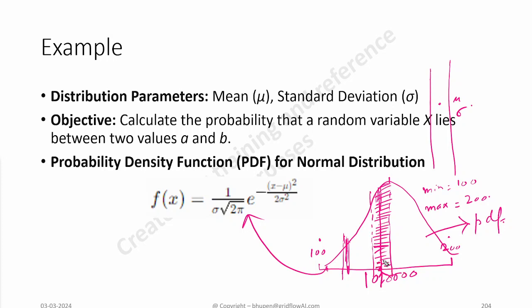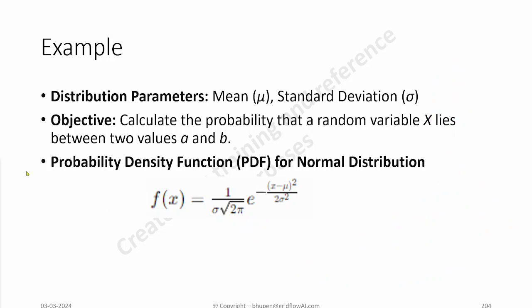So typically we take a very, very small region around this point, and then we compute the integral. That integral represents the probability, or probability density. We'll talk about the intuitive meaning of probability density.